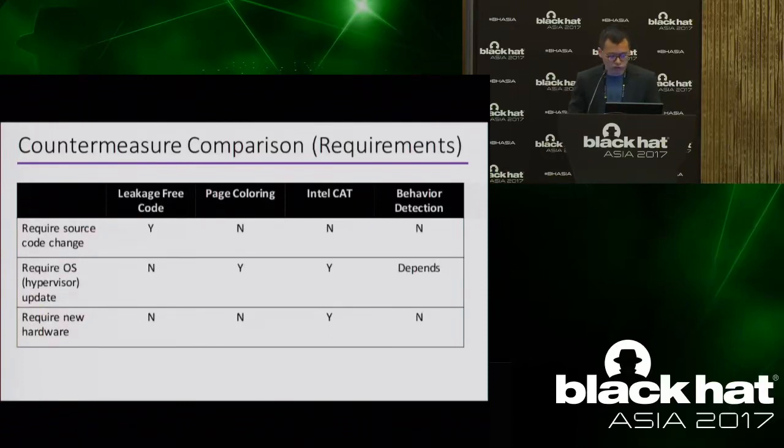If we use the Intel CAT, the first constraint is that you will need pretty new hardware that has the feature. And also, it will require some operating system update so that you can leverage the Intel CAT feature to provide this kind of isolation. For behavior detection, whether it requires an operating system change depends on the scenario.